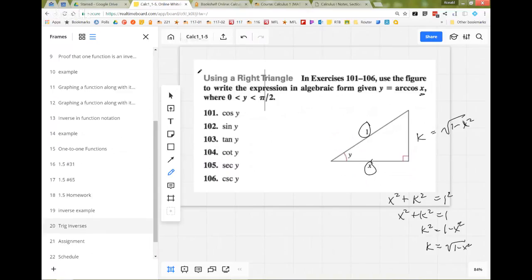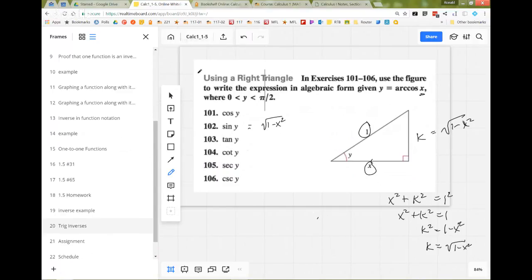Okay, now that we know that, can you tell me what the sine of angle y is? Now that we know all three sides of the triangle, what's the sine? Opposite over hypotenuse. And that would be over 1, so I don't have to write it. What's the tangent of the angle?